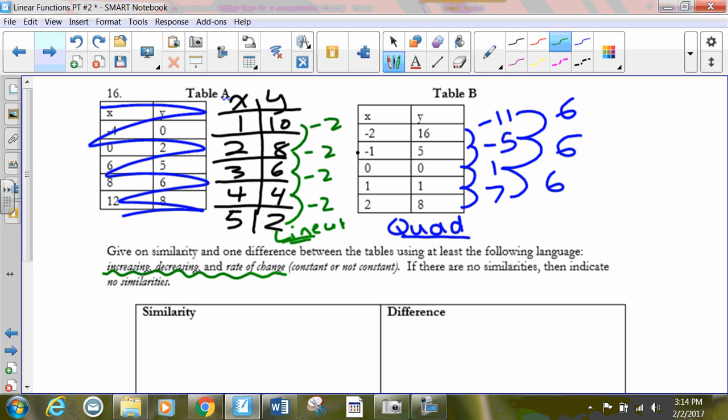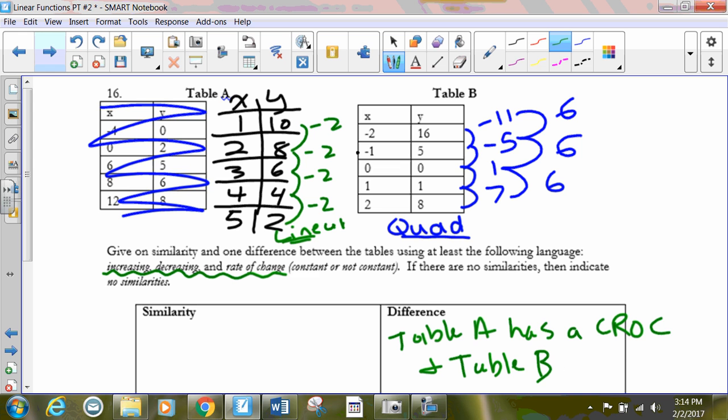Each output is going down by 2. So we can say table A has a constant rate of change, and table B does not. So that's a good way to use the vocab that they want us to use. So that's rate of change, right? Constant rate of change.